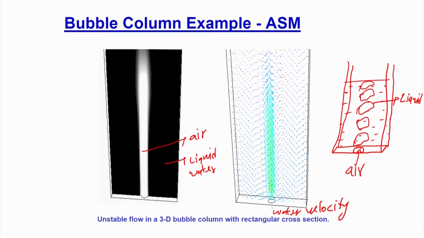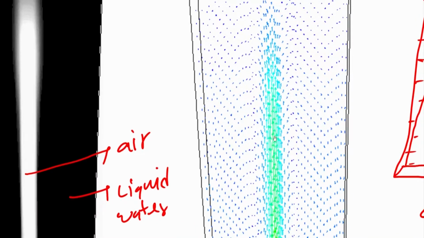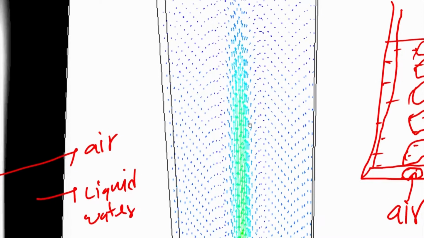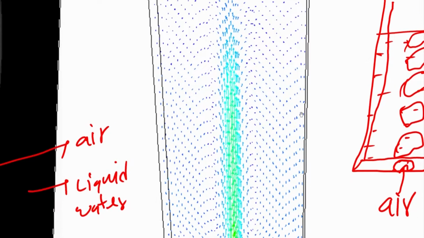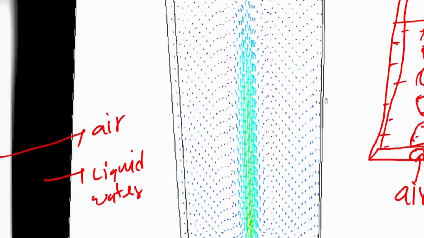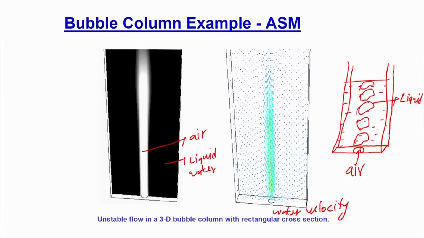Because air is moving up at the center of the column, water will also move up at the center of the column, and if I zoom in, you can see that the velocities are positive at the center of the column. Near the wall the velocity is negative.